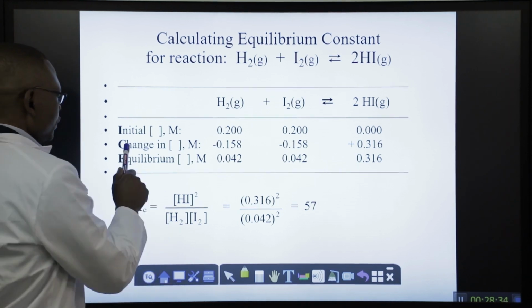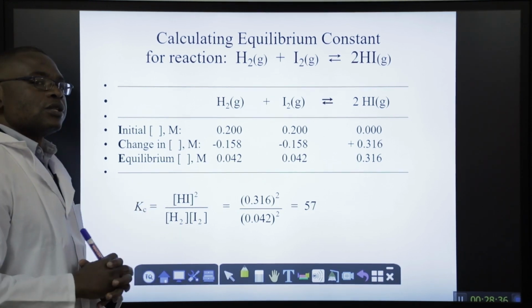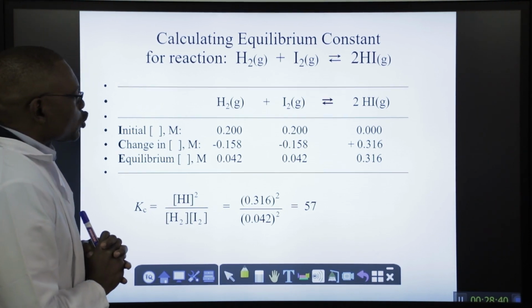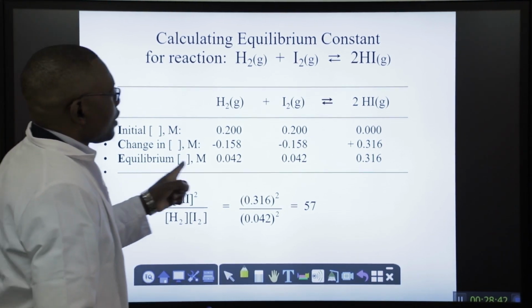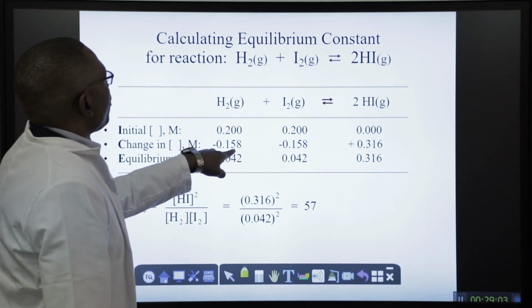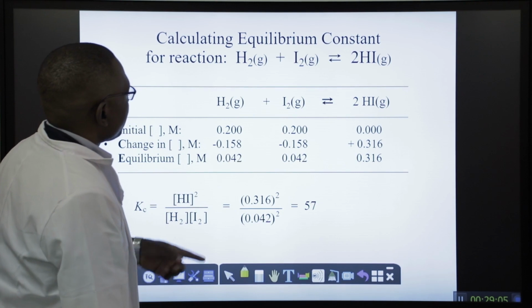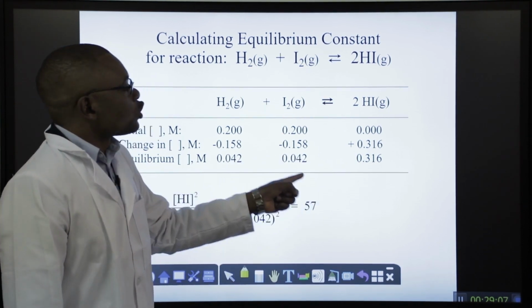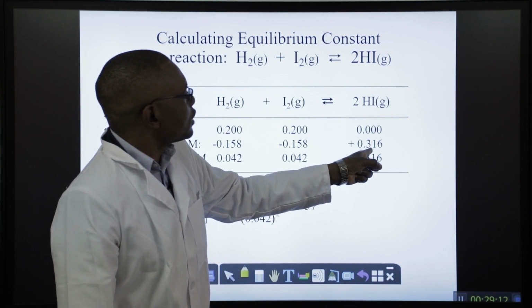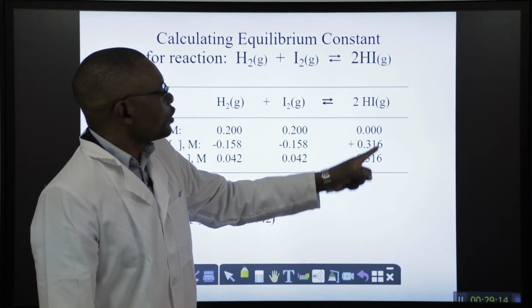And what are the changes which are taking place? You will notice that the changes here are 0.158, 0.158, and this is increasing by 0.316.